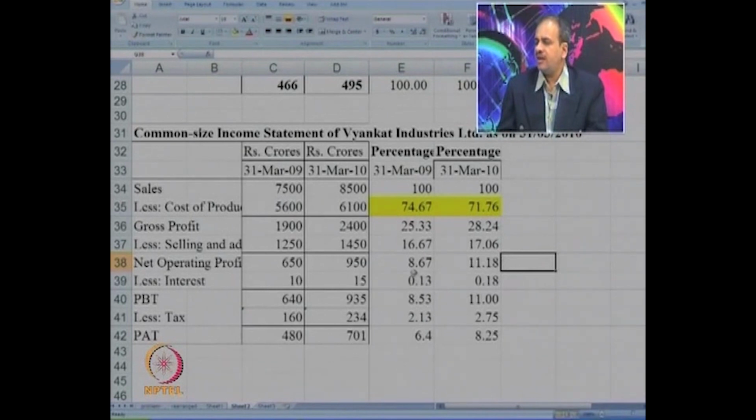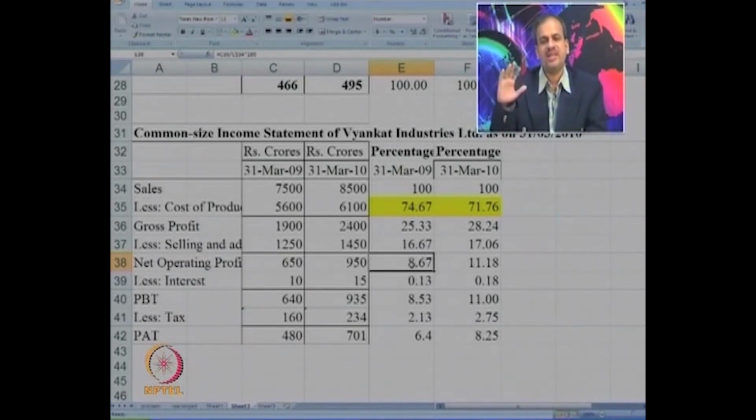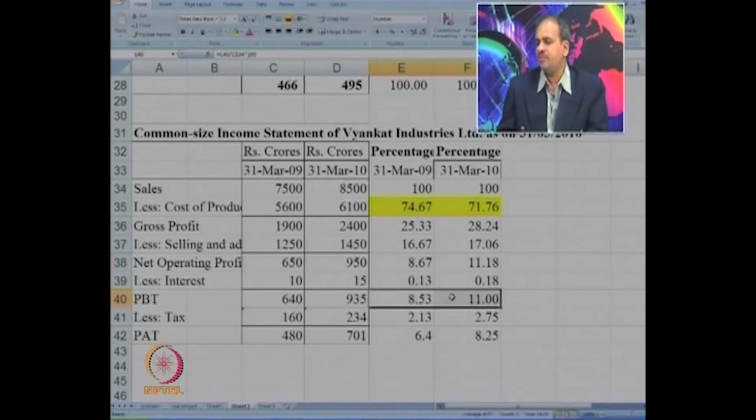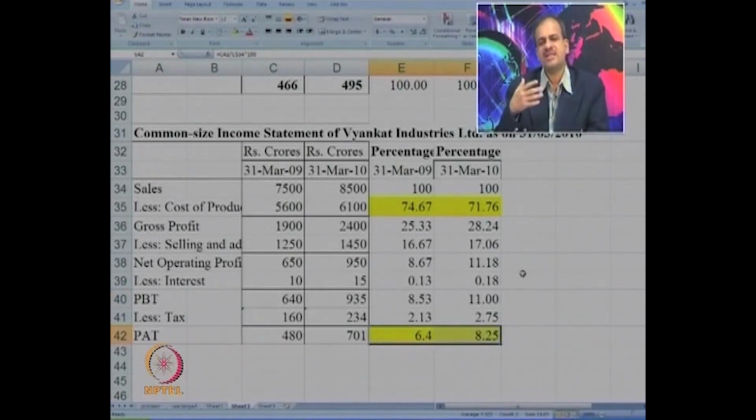Their net operating profit is 8.67, now it has slightly increased to 11.18 percentage of sales. PBT remains more or less the same, from 8 or 9% it is now 11%, and net profit after tax was 6.4%, it has slightly increased to 8.25%.